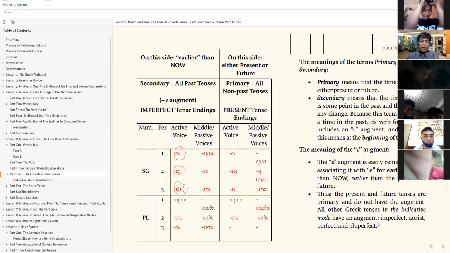The difference between the epsilon ending and the nu ending is this: if the verb is followed by a word that begins with a vowel, you have the n ending. But if the verb is followed by a word that begins with a consonant, then you have the a ending. But it doesn't make any difference when it comes to the translation.